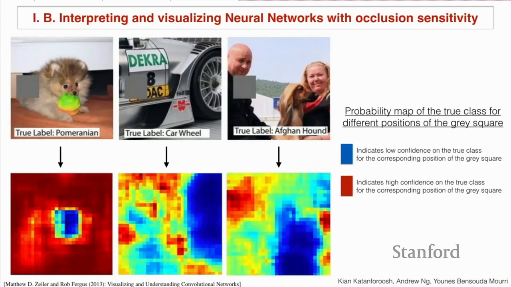Another interesting thing to notice is on the last picture here. You see that there is a red color on the top left of the image. And this is due exactly to what you mentioned, Adam: when the square was on the face of the human, the network was much more confident that the true class was the dog, because you removed a lot of meaningful information for the network, which was the face of the human.